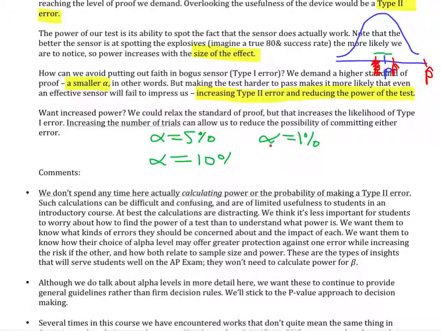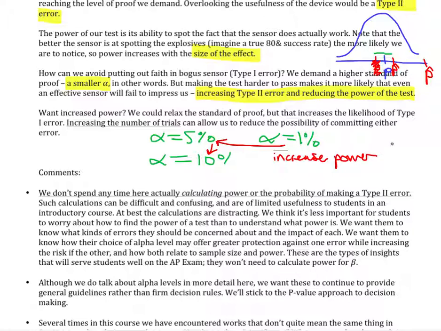So if I increase my level of alpha, if I in fact loosen up my standard of proof and go from 1% to 5% to 10%, yes, I increase the probability of making a type 1 error and rejecting a true H sub O, but I also increase my power.